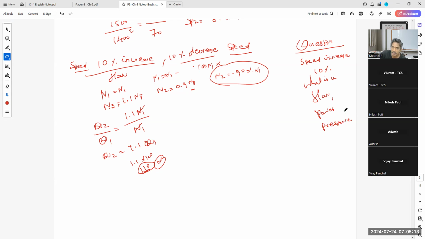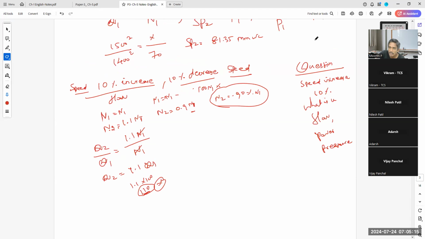Then you imagine, don't put any value. You have to imagine that the speed is going to increase 10%. That means the original value is N1. Next, what will happen? The speed increases, N2 equal to 110% of N1. You have to imagine everything.